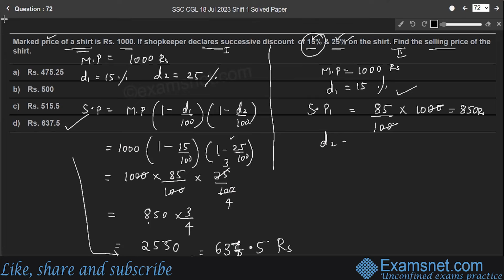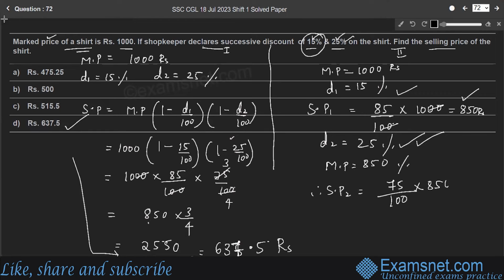Now D2, the second discount, is 25%. For this second discount, the new marked price is 850 rupees. Therefore, selling price 2 is: for 100 rupees marked price, if 25% discount is given, 25 rupees discount is given and the selling price becomes 75 rupees.